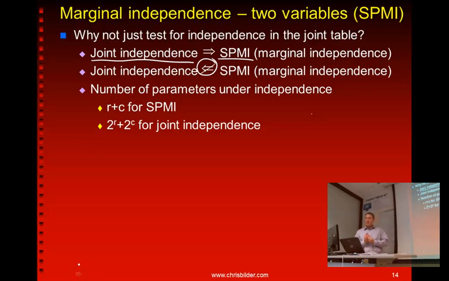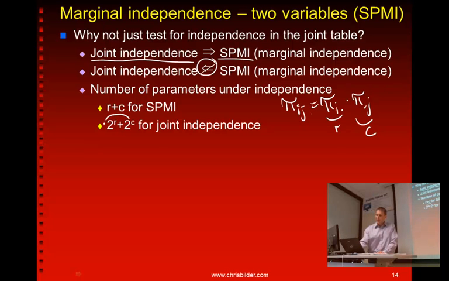Also, the number of parameters under independence. For SPMI, there are R plus C. Why? Because remember, we're setting pi sub ij equal to pi i dot times pi dot j. There are R of these, there are C of these. So you only have R plus C parameters. For joint independence, though, you have 2 to the R rows, 2 to the C columns.